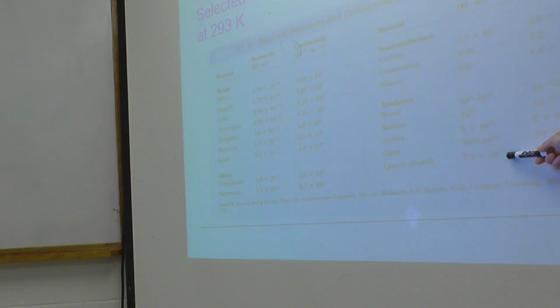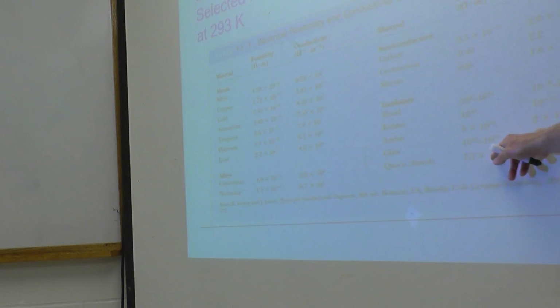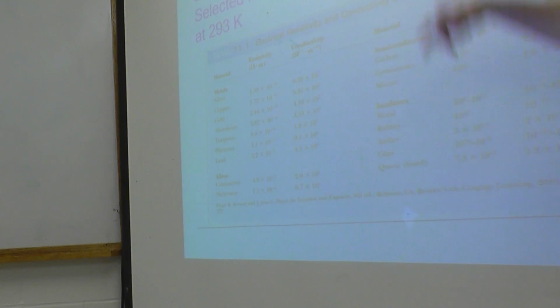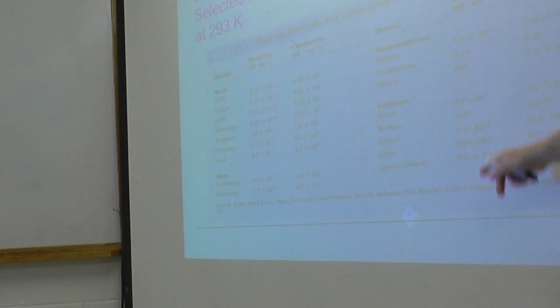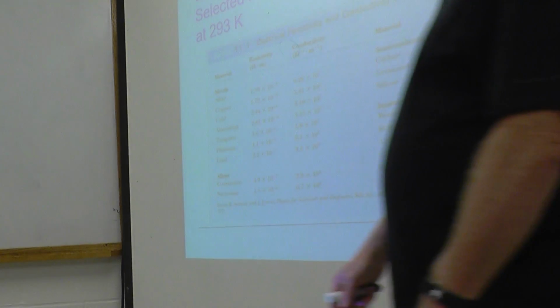You can see that's a really good insulator at room temperature. In principle it would be a semiconductor, but the band gap between the conduction band and the valence band is humongous. So at room temperature there are hardly any carriers excited across the band gap, and that's why you have such a humongous resistivity.